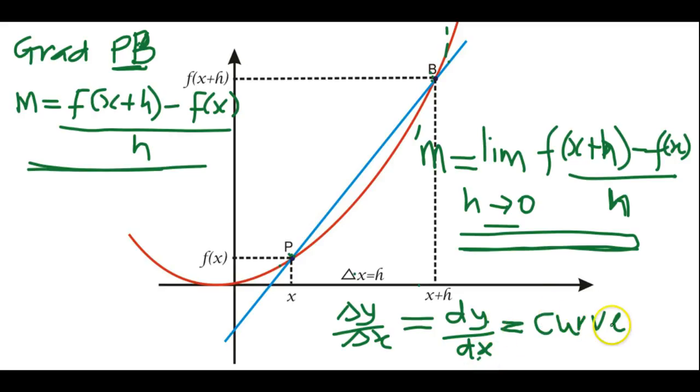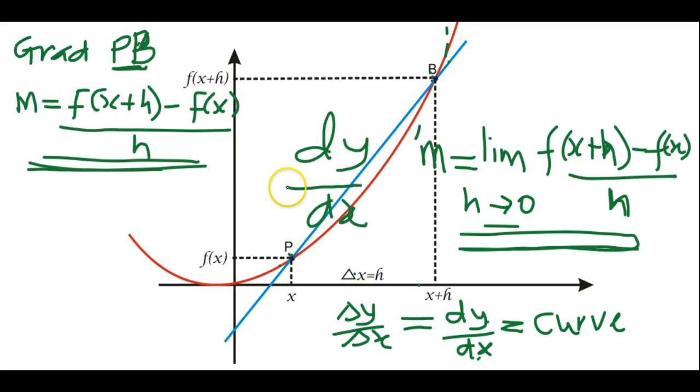That is what first principle is all about. And so in conclusion, we can say that if we take the normal gradient and we want it to approach a tangent of a curve, then we define the tangent as dy dx, which is equal to the limit, because it was the limit that made dy dx look like change in y on change in x.